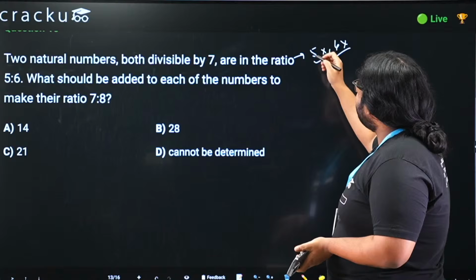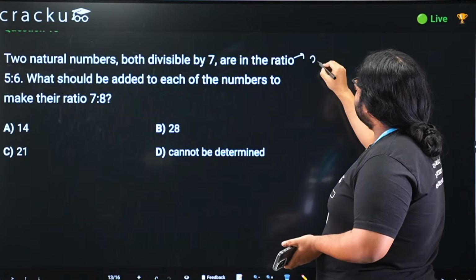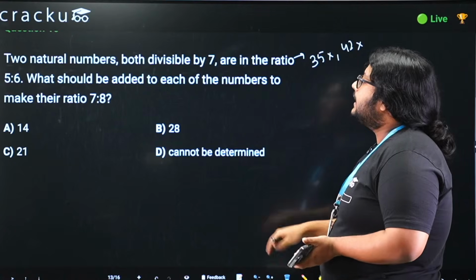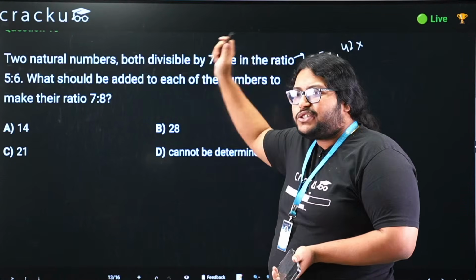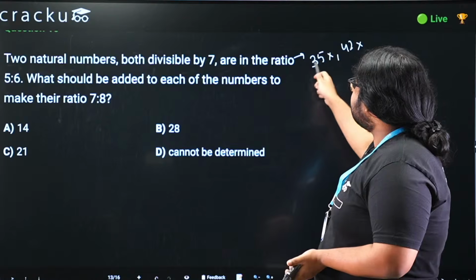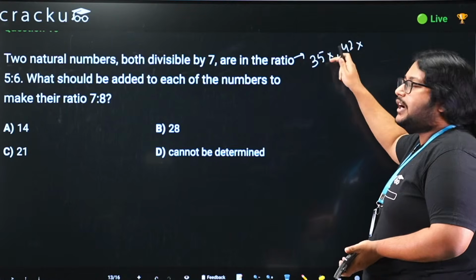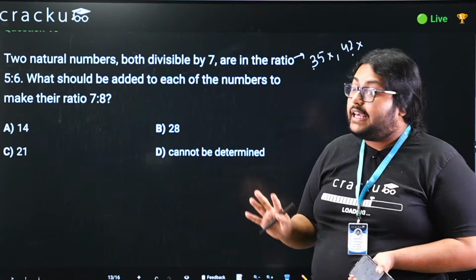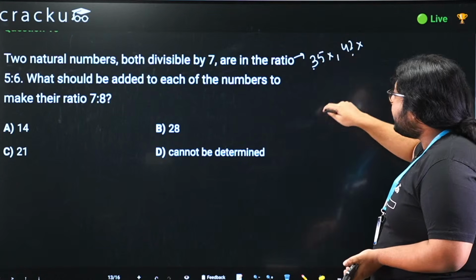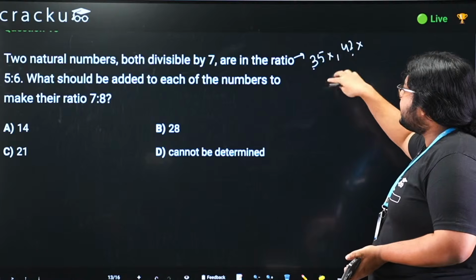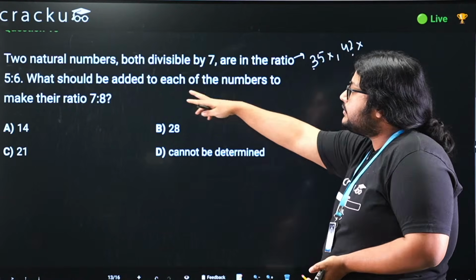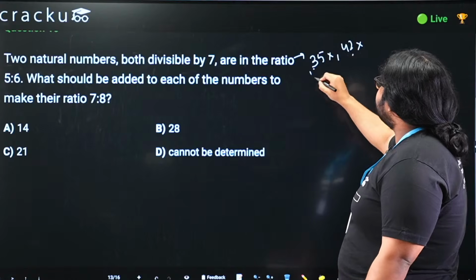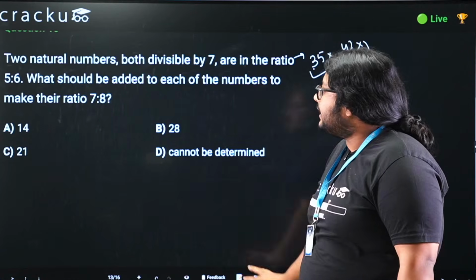So what we can do is take the numbers to be 35x and 42x. In that case, both of them are for sure divisible by 7, because it does not depend on x. X can be 1, 2, 3, anything. 35 and 42 will divide by 7. And 35:42 is again, cut it by 7 and x gets cancelled out. So you get the ratio 5:6 also. So we can let the numbers be 35x and 42x.